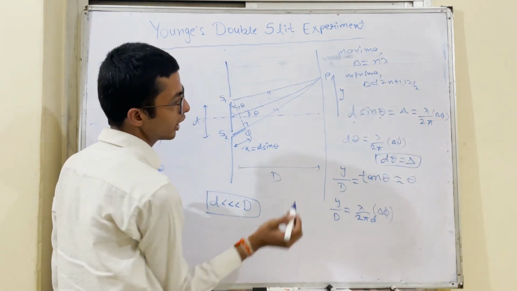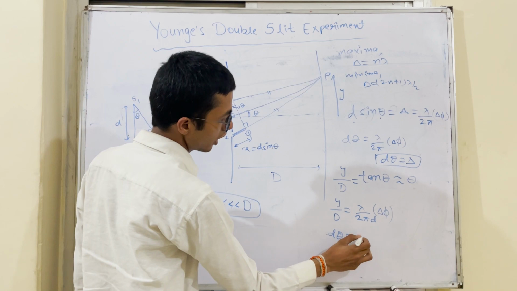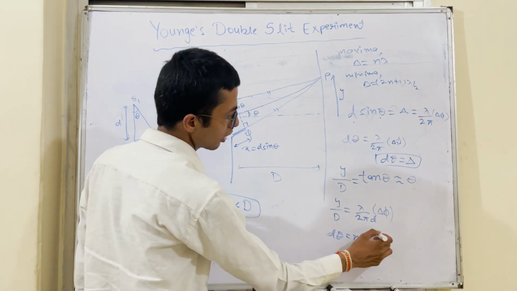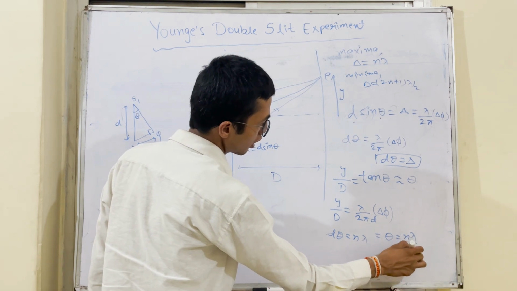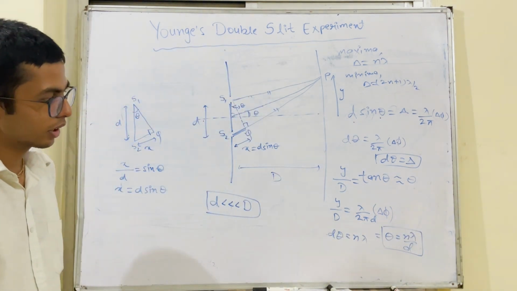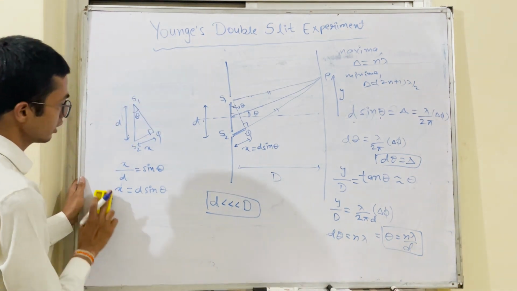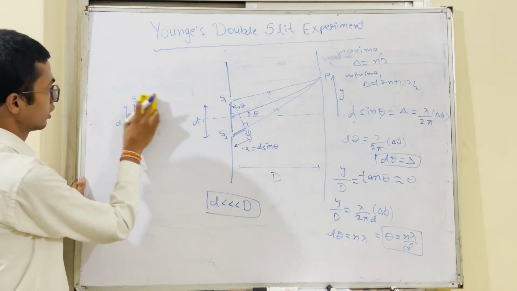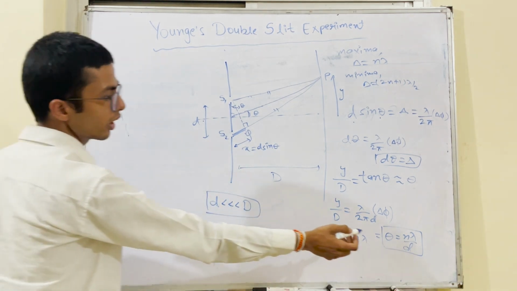If I put delta as n lambda, then d theta is n lambda, and theta is coming as n lambda by d.